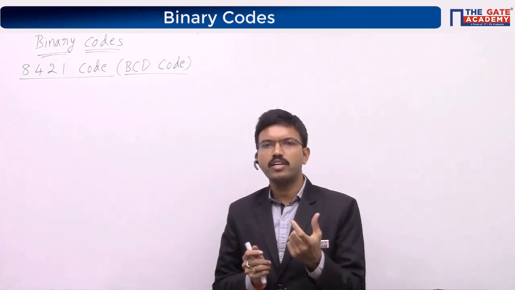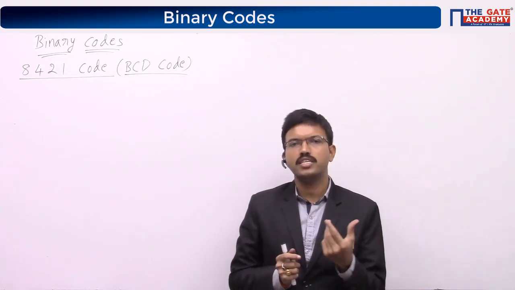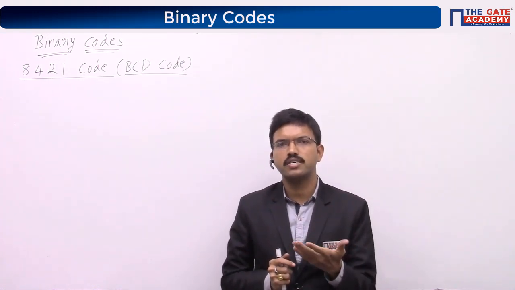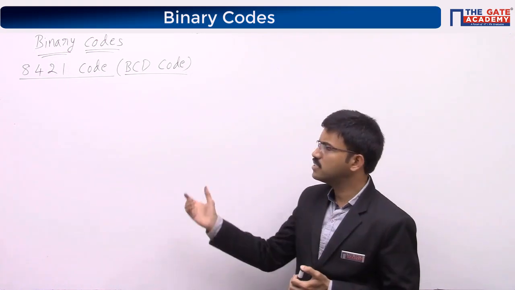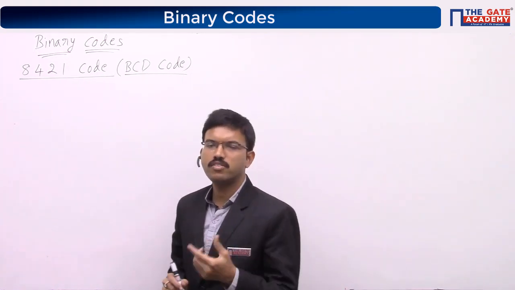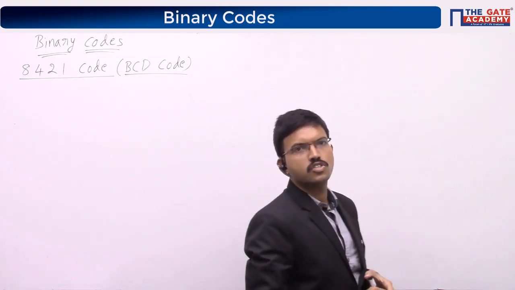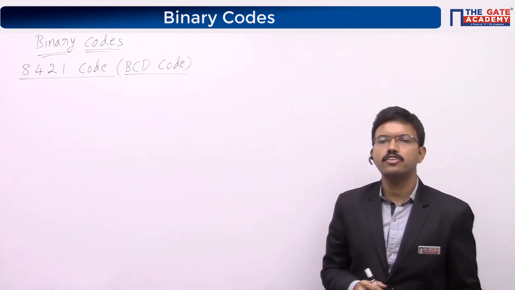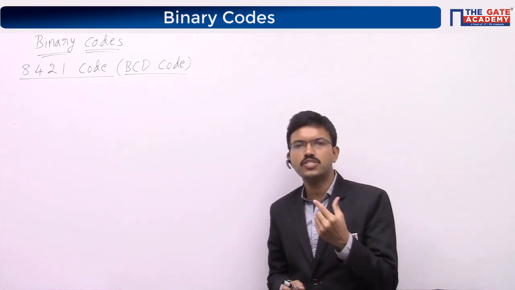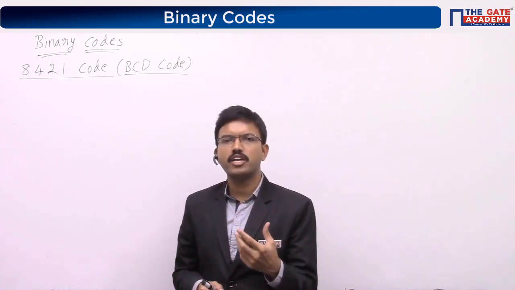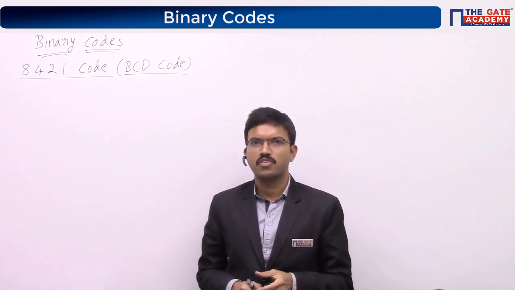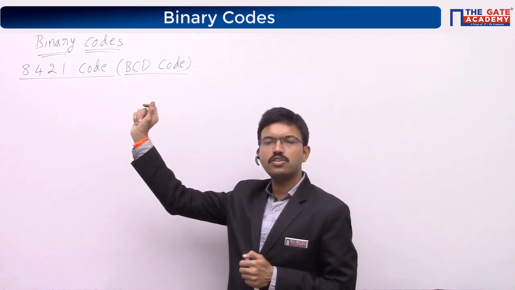That particular code you are using for representing alphabets and numbers, capital letters, small letters and then numbers. That is related to ASCII code. Whatever 7-bit code you are having is nothing but ASCII. So ASCII is the example for alphanumeric code. There we are using a combination of zeros and ones for representing both alphabets and numbers. Whereas in numeric codes, we are using the code for representing only numbers.